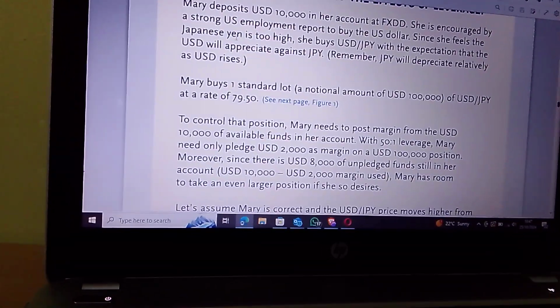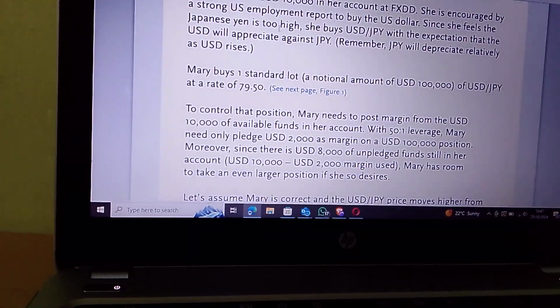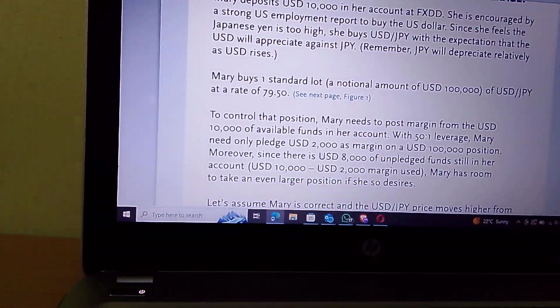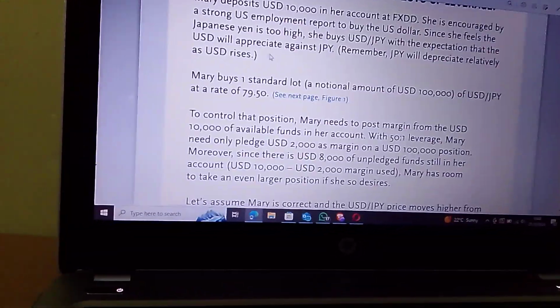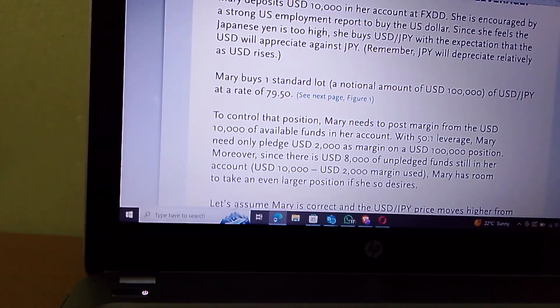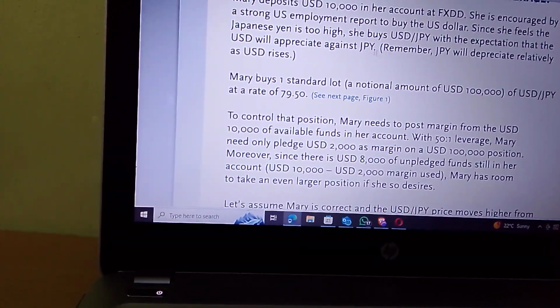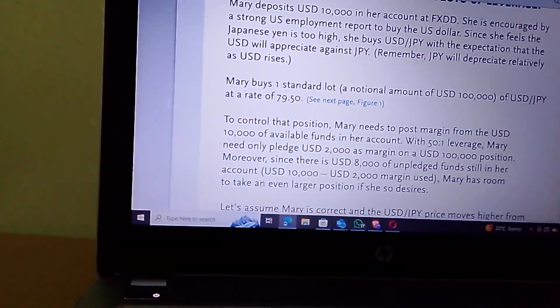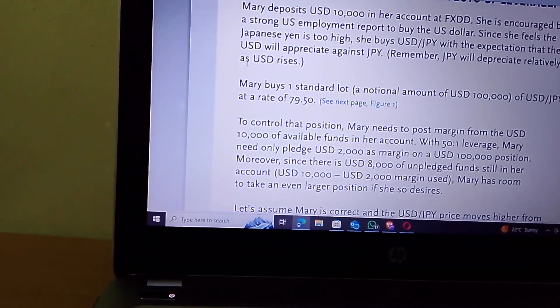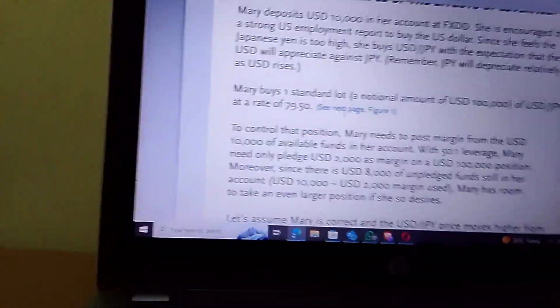So she feels Japanese yen is too high, and now she thinks the USD will rise against the JPY. Remember, JPY will depreciate relatively as USD rises.